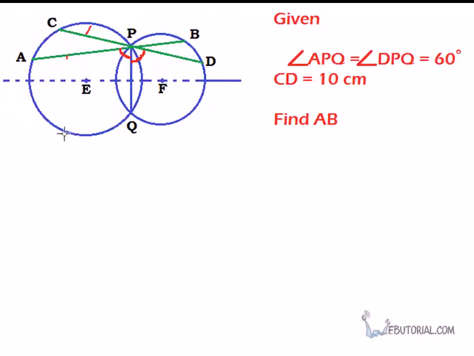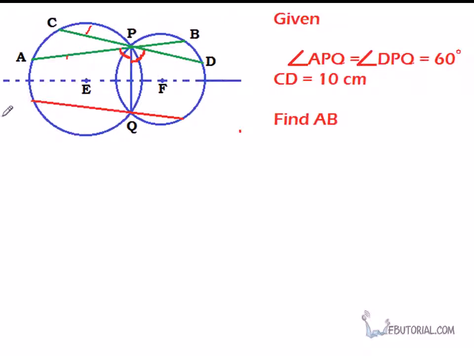The first thing that we have to do is a construction: we draw a line through Q which is parallel to CD.